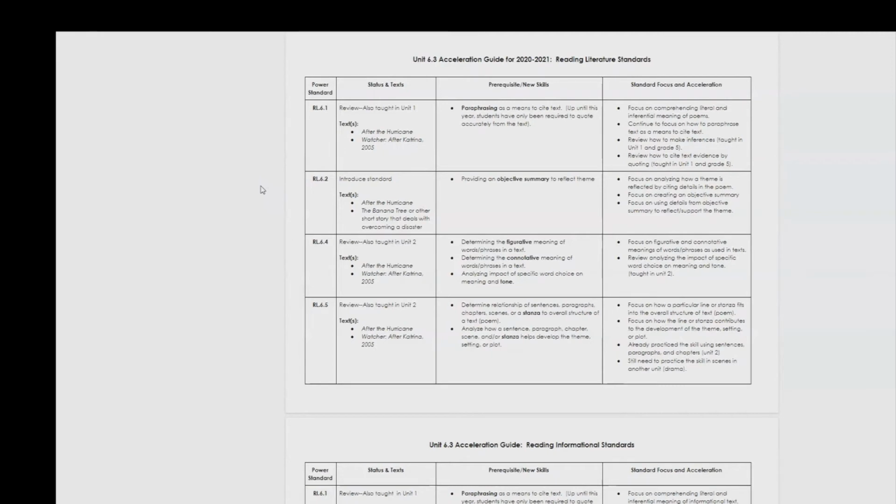But in Unit 3, this standard will be paired with the 2 texts or anchor texts that are listed below, and these 2 texts happen to be poems, so they will be looking at this standard in the context of a different genre. It also recommends that paraphrasing be taught as the new skill in this unit. Up until this year, students have only been required to quote accurately from the text as a means to cite evidence. The 4th column then lists areas of focus and acceleration for each power standard.